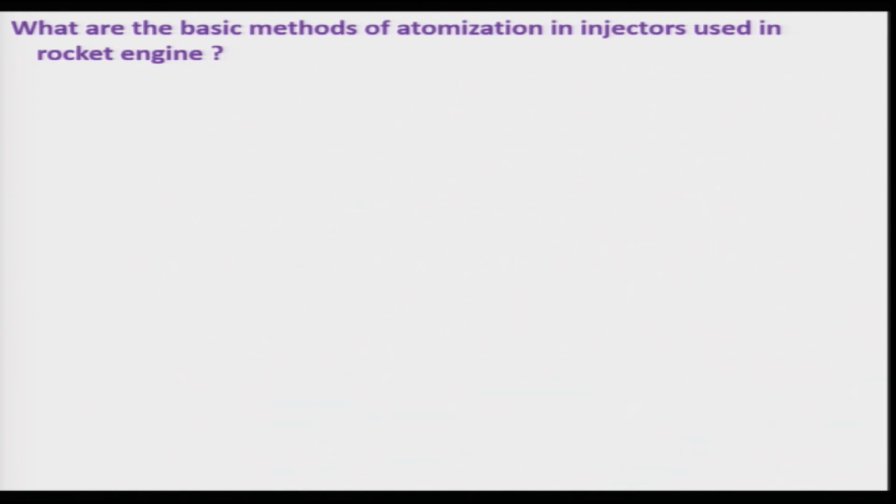We can classify them into 2 categories. We use pressure such that we get a higher velocity through an orifice, and that will form the ligaments due to the shearing of the bulk liquid, and particularly at high pressure atomization will be good. But suppose you want a little lower pressure, but you want better atomization.